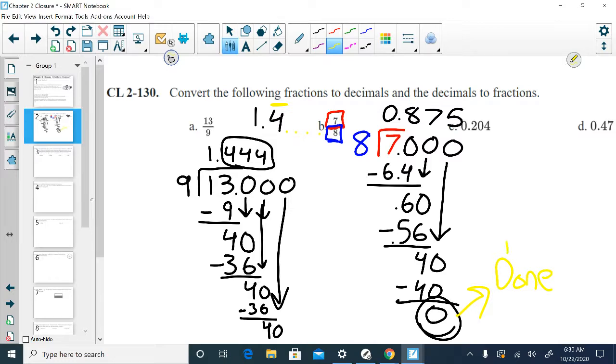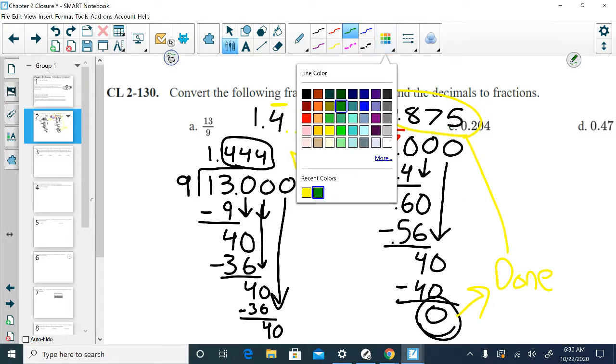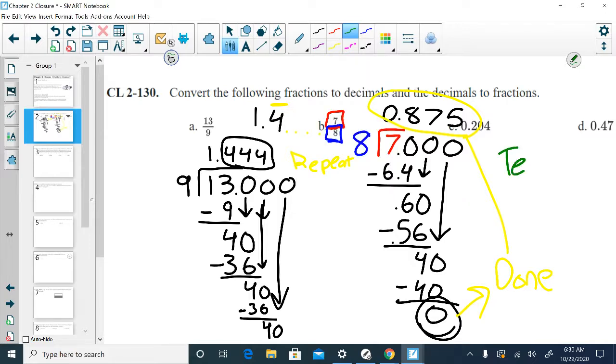This is our final answer up here. And we would call this a repeating or terminating decimal. Well, we said the first one was repeating, and this one over here would be terminating. It ends. All right. I think you guys are doing really well with those.